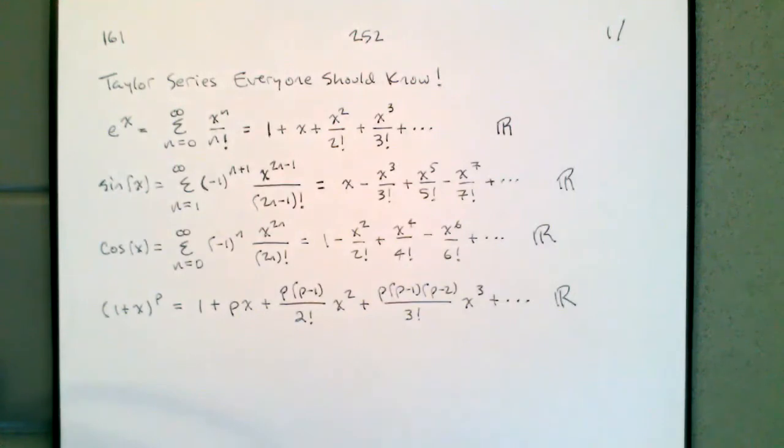We know we can get some extra mileage out of these by composing, making a composition of a Taylor series that we know. And sometimes we'll just plug things into the Taylor series.